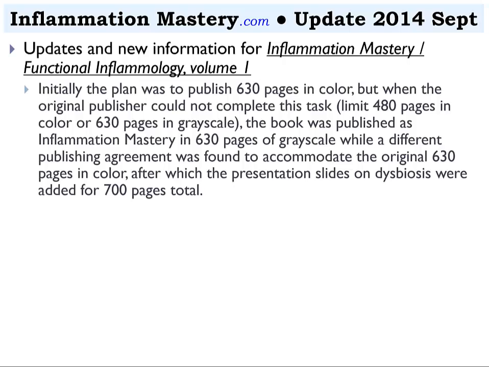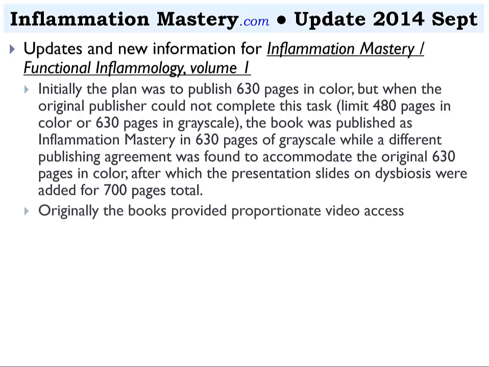So what I did is I went ahead and published it in grayscale at 630 pages. Then when I found a publisher who could handle more capacity, we published it in full color, and I was able to add another section on dysbiosis, my presentation slides on dysbiosis, just to make the material more complete.